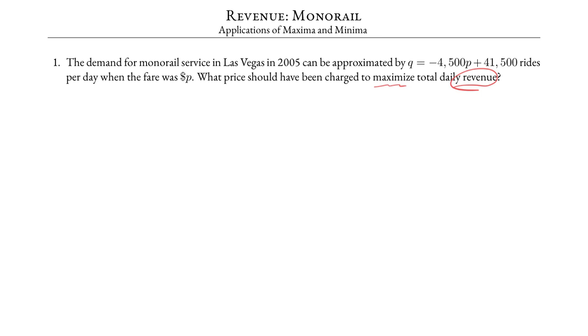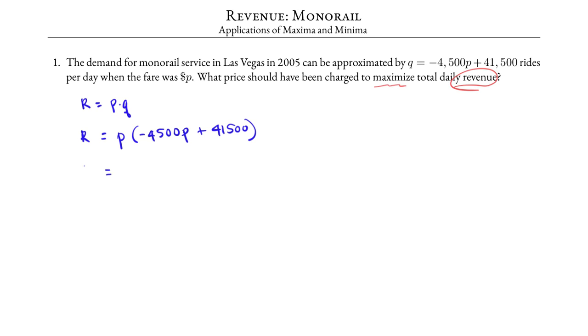So we need to come up with the revenue equation. Recall that the revenue equals the price times the quantity. And so the revenue equation is R equals P, the price, times the quantity, which is already in terms of P, negative 4,500P plus 41,500.